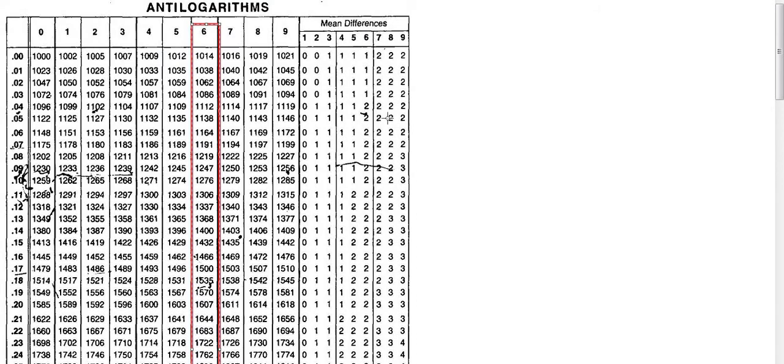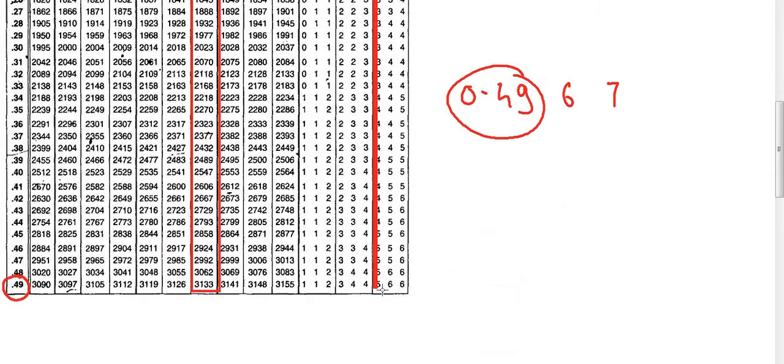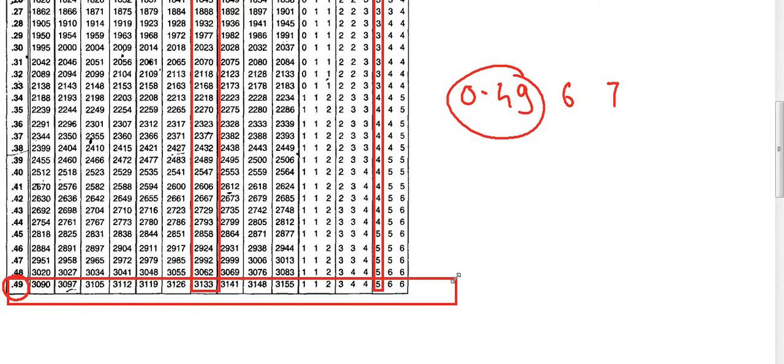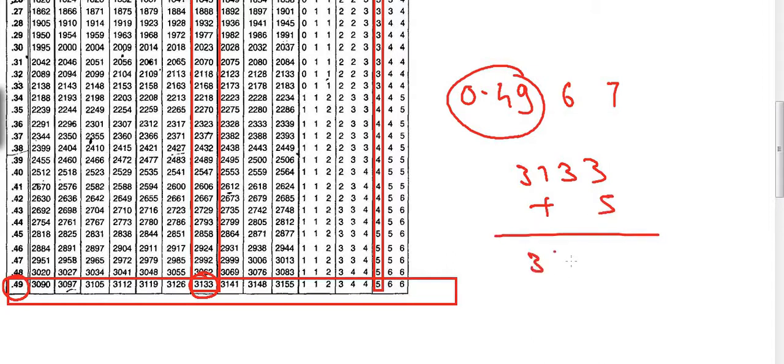So this is the mean difference of 7. Take its intersection with the last row. This is the last row, and so we get the anti-log as 3133 plus the mean difference 5. So it is 3135 plus 3, that is 3138.